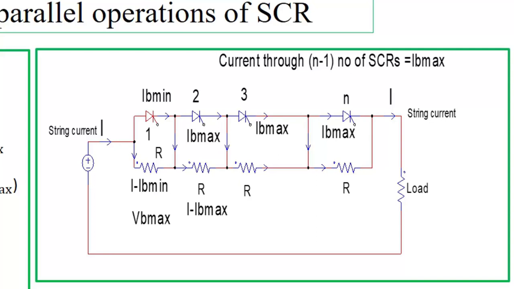As SCR number 1 is blocking maximum voltage, SCR number 1 will have minimum leakage current. Say it is IB minimum.